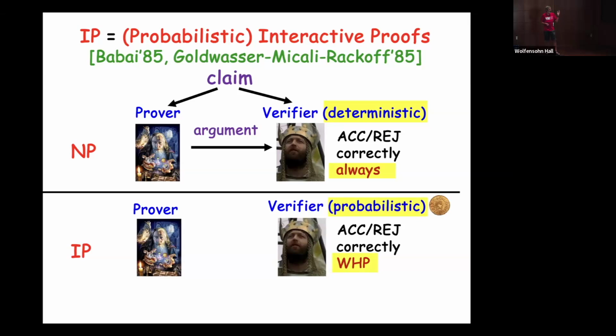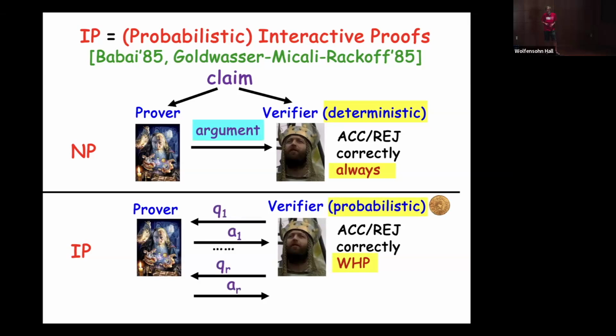Namely, we allow the prover and verifier to talk to each other. There is some interaction where, in particular, the verifier can ask questions of the prover. Why did you do this? Give me a full proof of this lemma, whatever. And only then, only after this interaction, which of course is short because the algorithm is efficient, the algorithm decides to accept or reject with high probability as demanded.